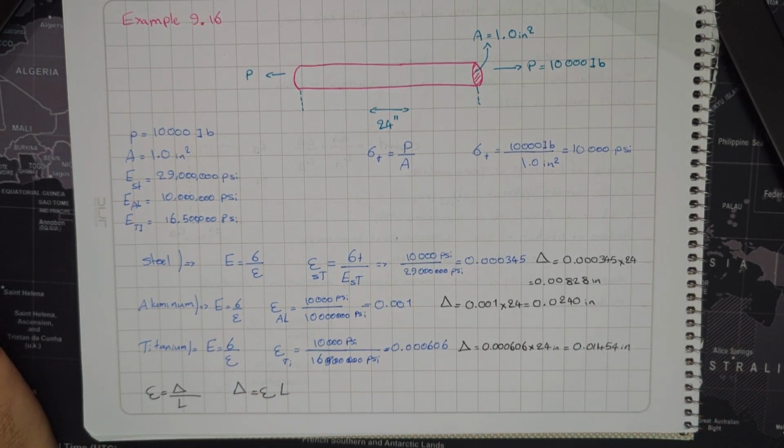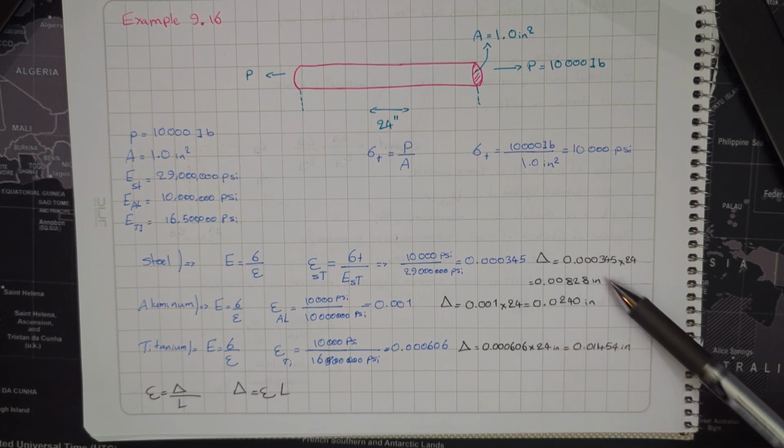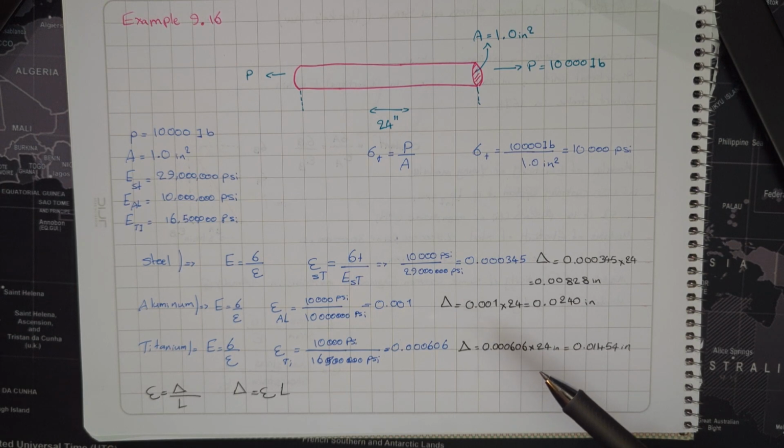Right, and as we can see, the strain in titanium bar is approximately twice the steel bar, and the total deformation of aluminum bar is 3 times larger than steel bar.